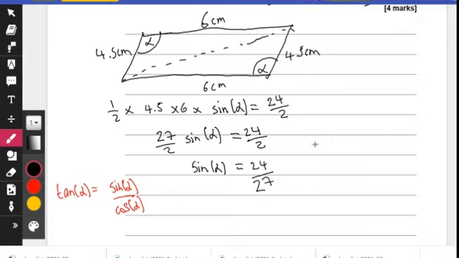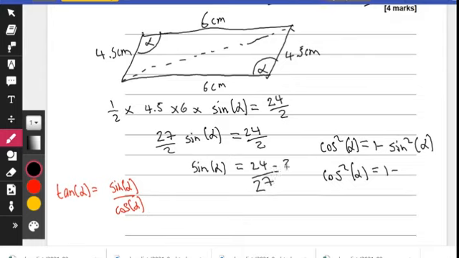Well, recall that cos squared of alpha is equal to 1 minus sine squared of alpha, using our identities, which means that cos squared of alpha equals 1 minus 24 over 27 squared. By the way, this can be simplified to 8 over 9.